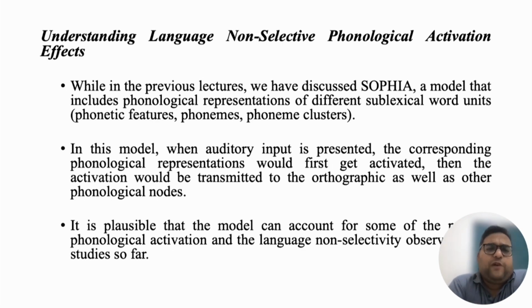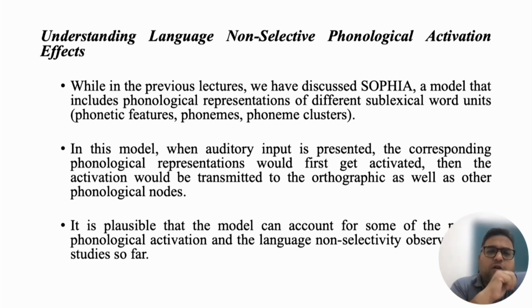In the previous lectures we discussed SOPHIA, a model that includes phonological representations of different sublexical word units: phonetic features, phoneme clusters. So it starts with k and cam, and so on. Going forward, we can also see if there are any other models that explain these non-selective phonological activation effects.